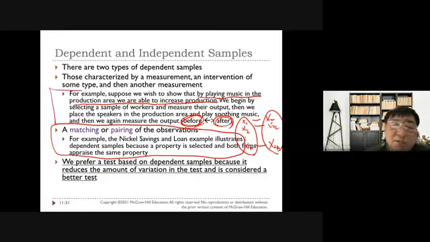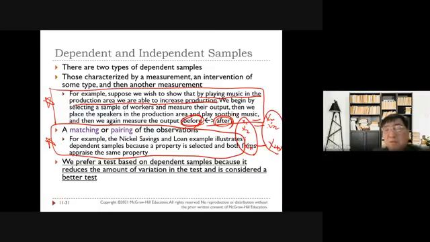The first case is where a time difference exists. Before and after cases, but the same person. The target is the same, but you want to compare before treatment and after treatment. Okay, we prefer a test based on dependent samples because it reduces the amount of variation in the test and is a better test. The second case is much better, same time. But the first case is also possible, but the problem with before and after is that many other factors may affect it.